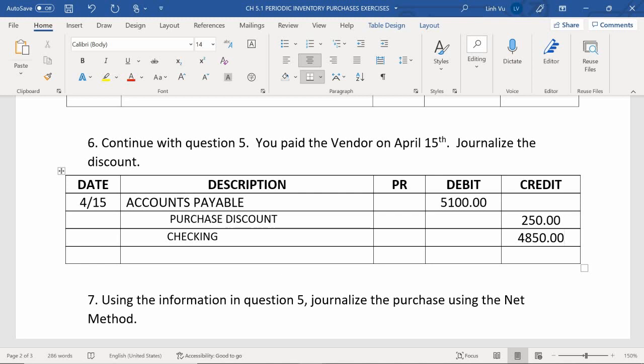If you think of it the other way, where your debits match your total credits, that would also be a way to figure that number out. But if I take my 5,100 and subtract the $250, I should pay $4,850. Okay.